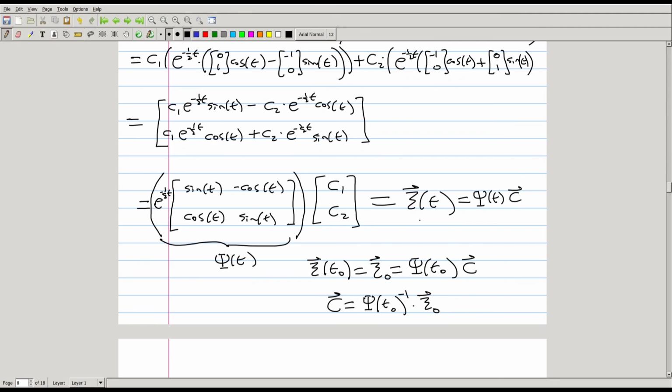Which means that the full solution to the general homogeneous problem is xi of t equal to phi of t times phi of t naught inverse times xi naught, just like we mentioned in the previous lecture. So this is a very neat result and very, very powerful.